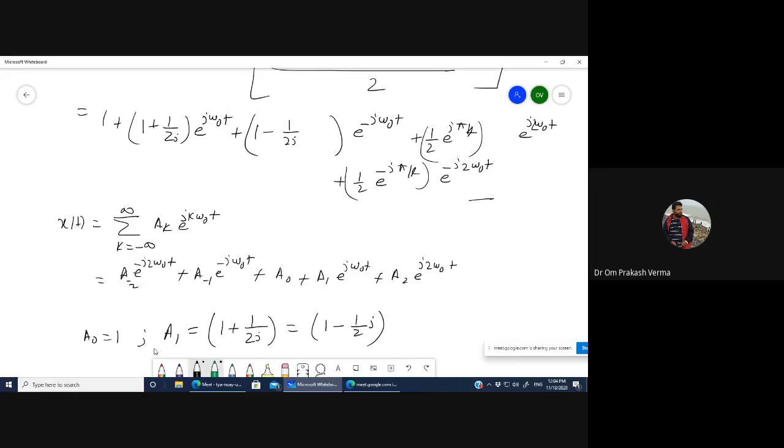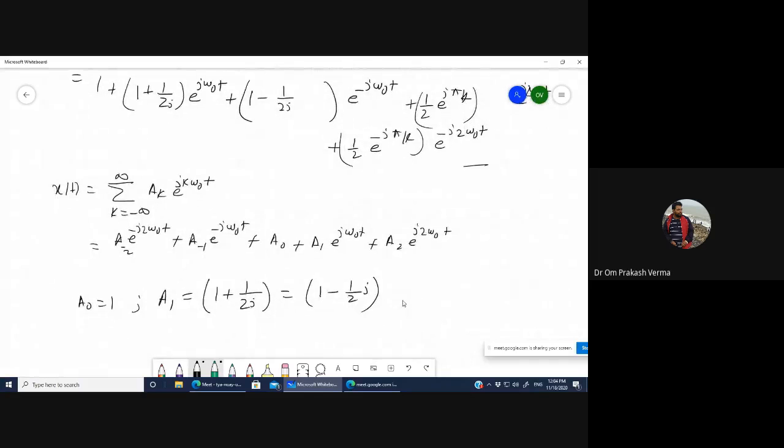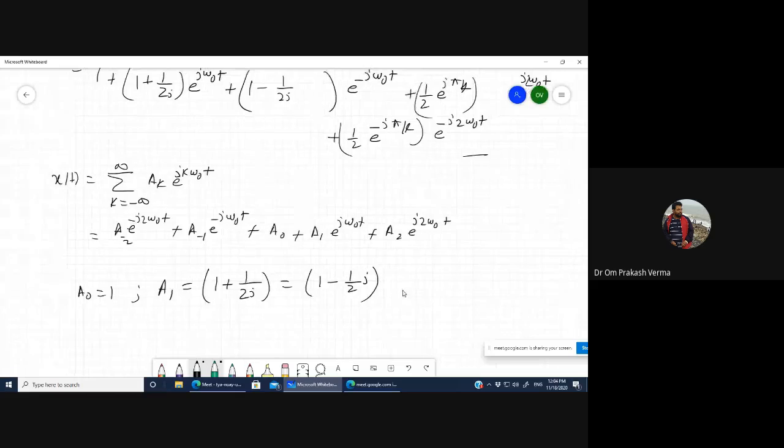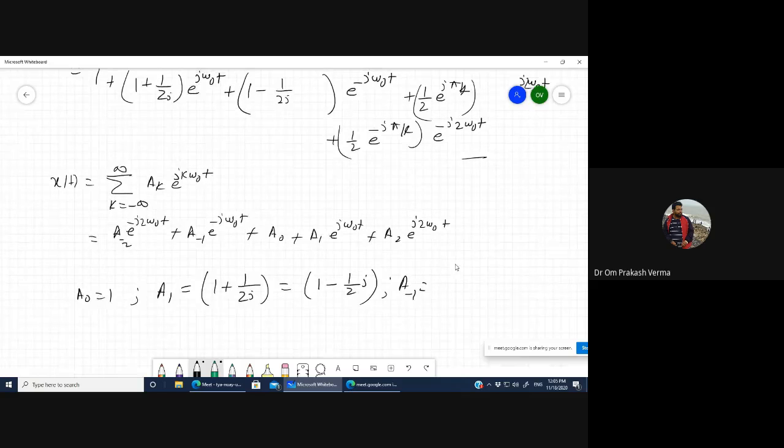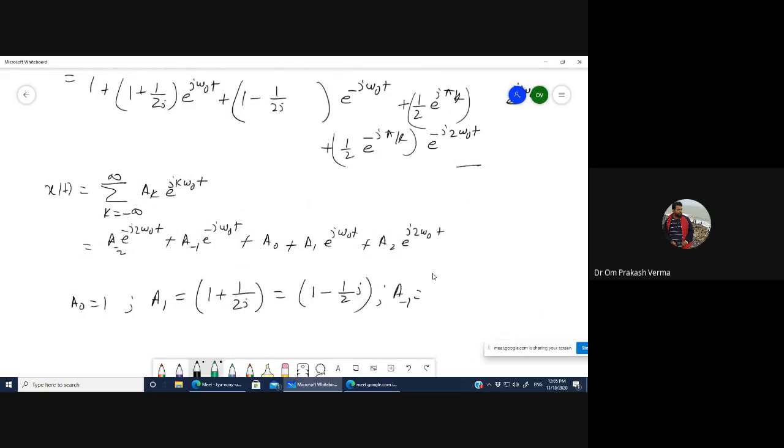Right. Now can you tell me what is the value of a minus 1? 1 minus 1 upon 2j. Very good. 1 minus 1 by 2j.